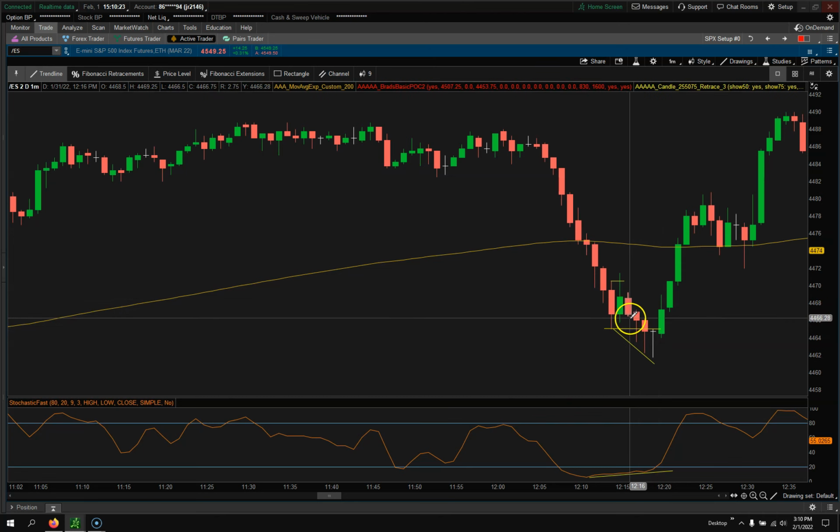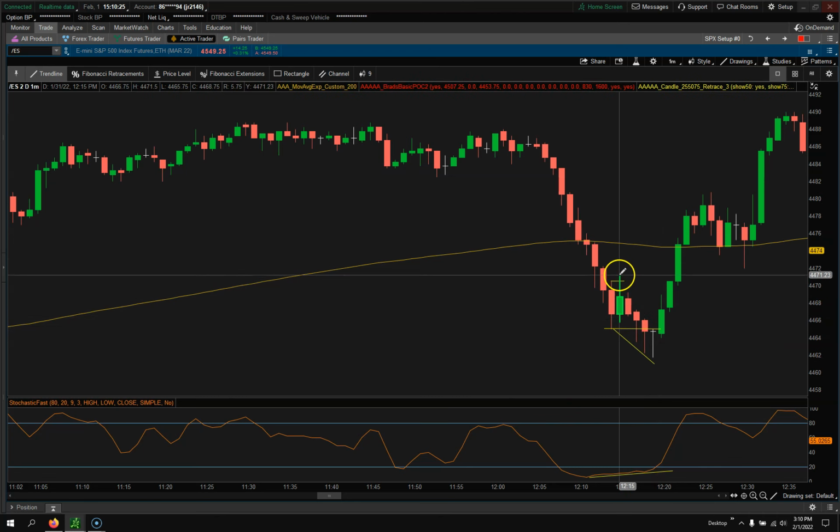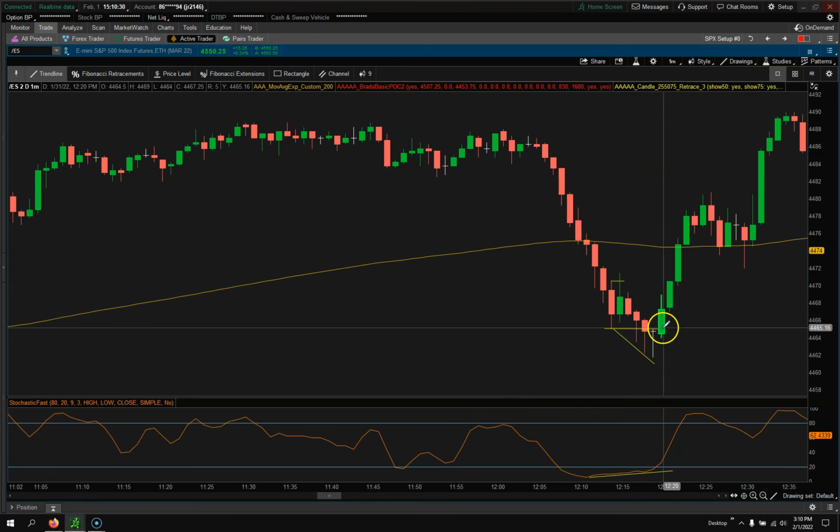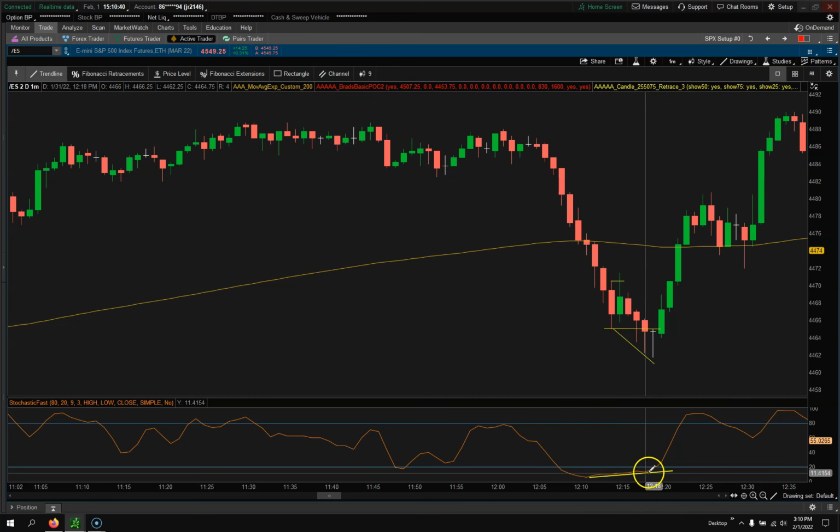Because once we break below, we're back in a downtrend. So we're going to go 1, 2, 3, 4, 5. And then this green candle breaks to the upside. Okay, and then that kind of changes the entire course. And with the divergence, we could see how it changed the entire course too.